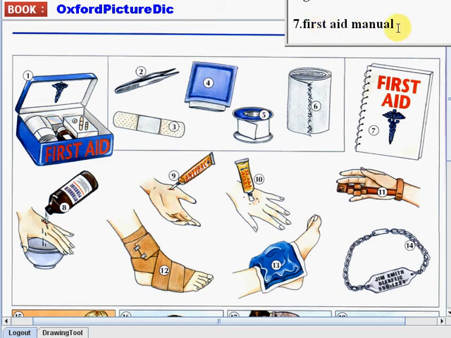A book that has instructions regarding first aid. And then in number 8 we have the hydrogen peroxide. It is an antiseptic or bleach used to clean a wound.